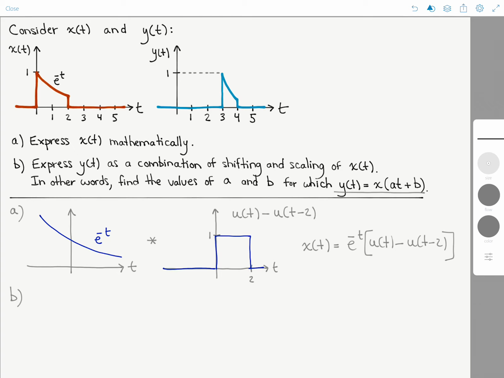So if we focus on one transformation at a time, we could create an intermediary signal, which I'll call phi of t, which is just a time-compressed version of x of t. And I'll sketch that over here. It will look something like this.